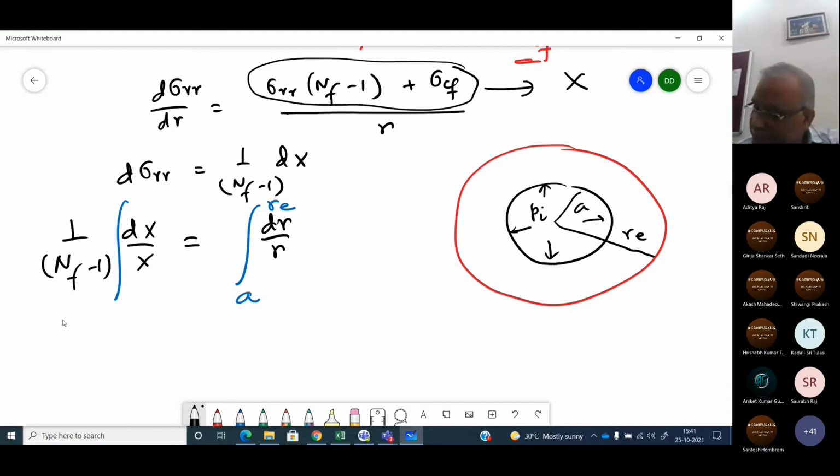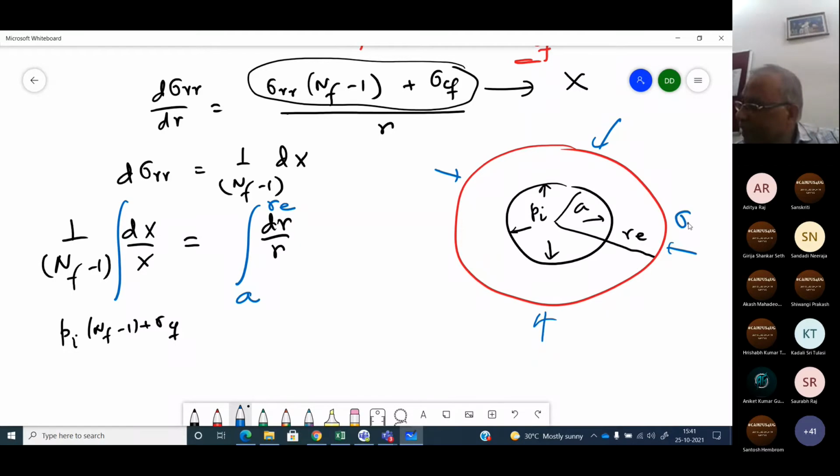So I can write it Pi NF minus 1 plus sigma CF at A. And at RE, let's assume we have a certain radial stress, which is sigma RE. Mind that sigma RE and RE, both of them we do not know. So this will be sigma RE NF minus 1 plus sigma CF. This is the boundary condition.